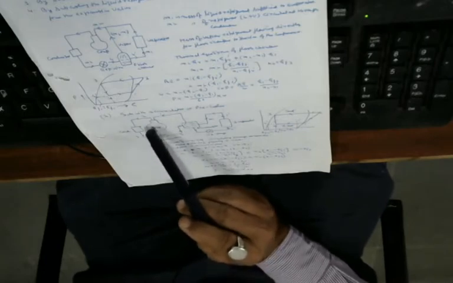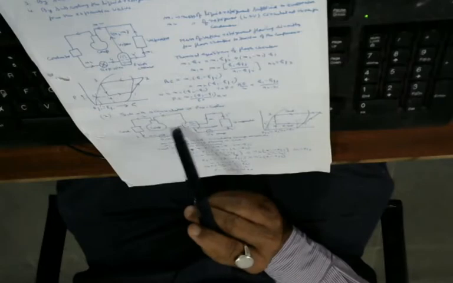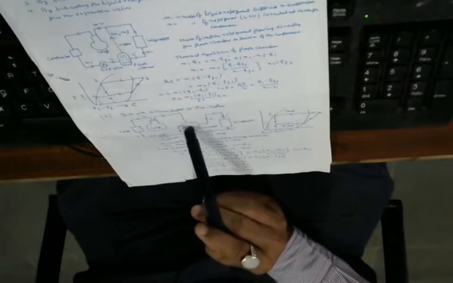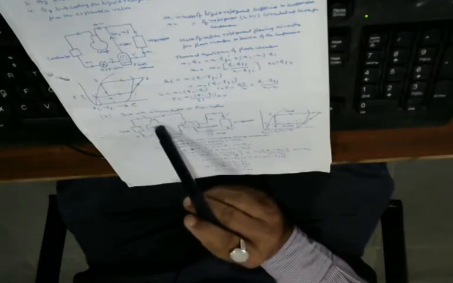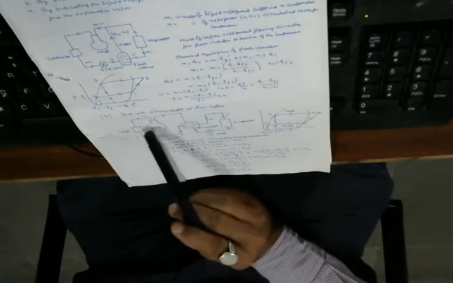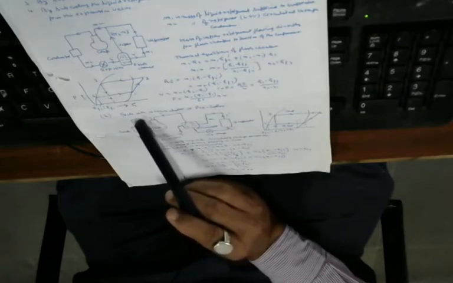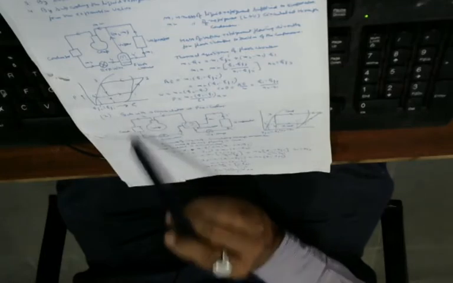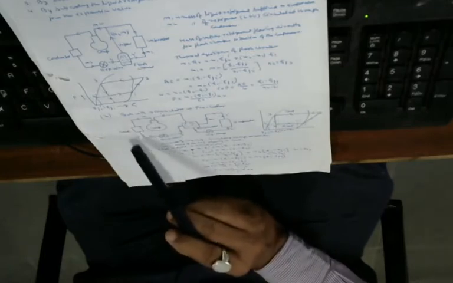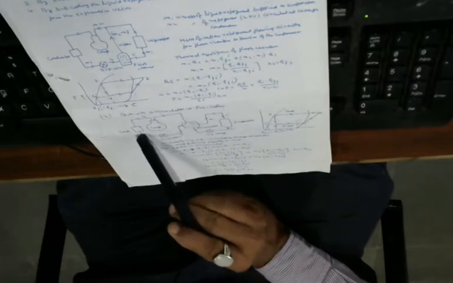and then there is the compressor. In the compressor, the gas refrigerant is passed to the compressor. And from the compressor, the gas goes to the condenser. And from the condenser, that goes to the expansion valve.